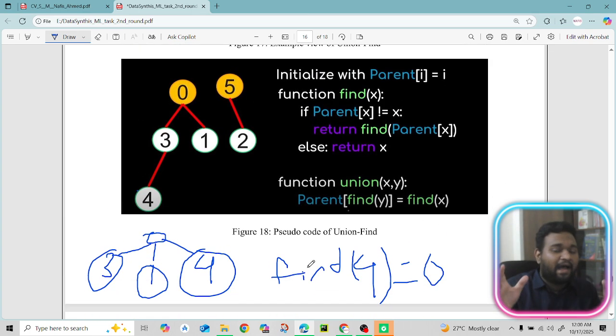This is called path compression. I am connecting the nodes directly with the root node, which helps me get the parent in a very instant manner.